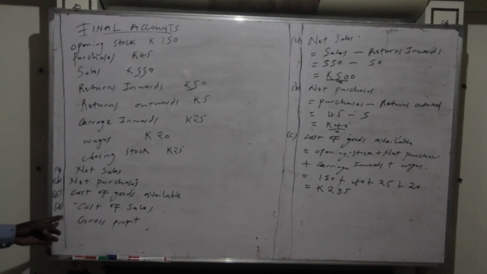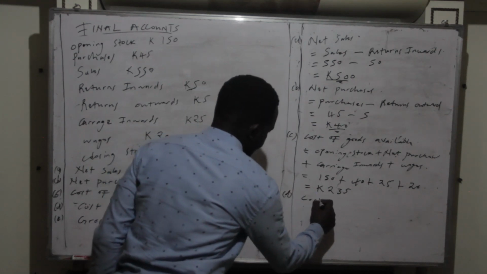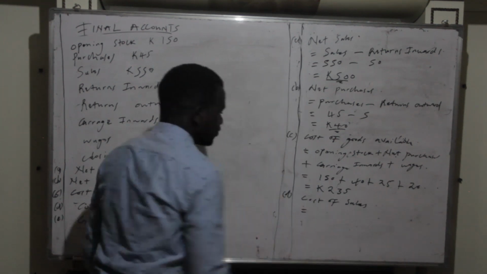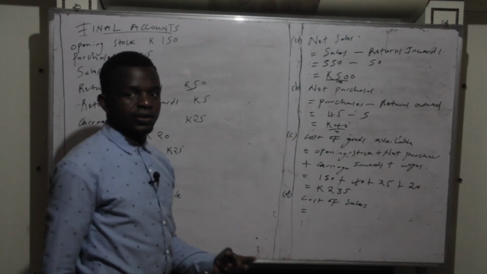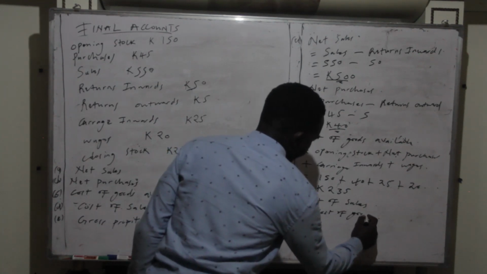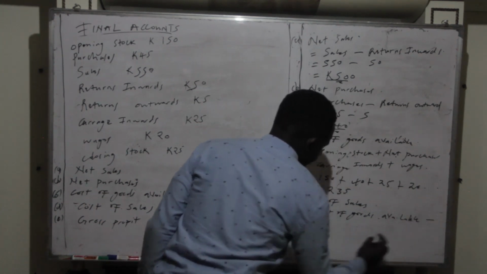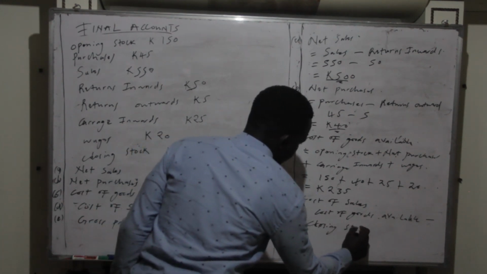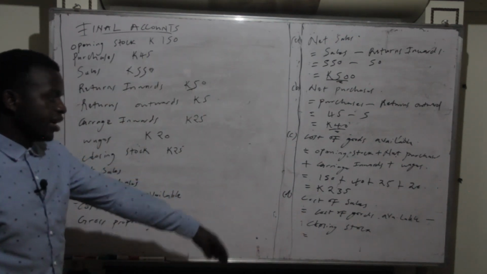Let us find our D, which is cost of sales. So cost of sales is calculated by saying cost of goods available minus closing stock. So here we can say cost of goods available.